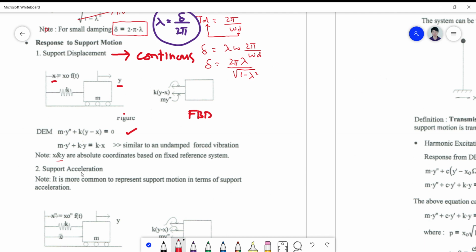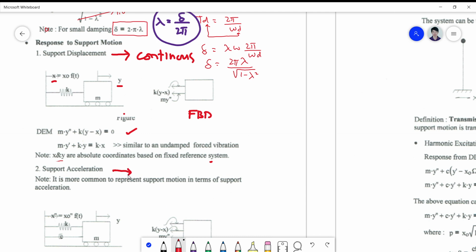Okay, for the support acceleration, most earthquake engineering problems use the acceleration variable rather than the displacement variable.